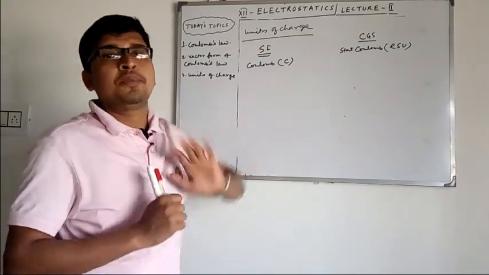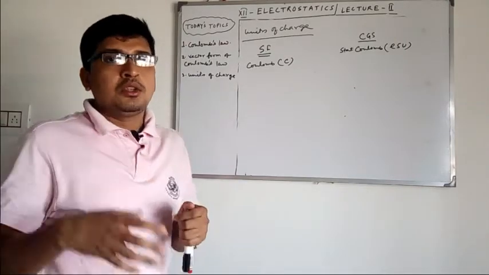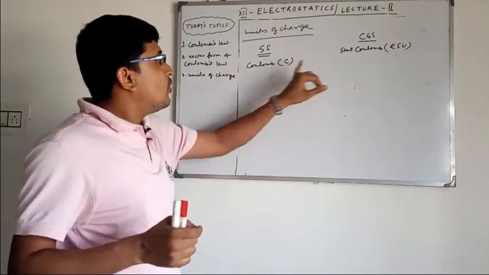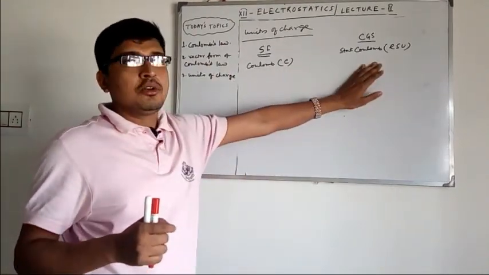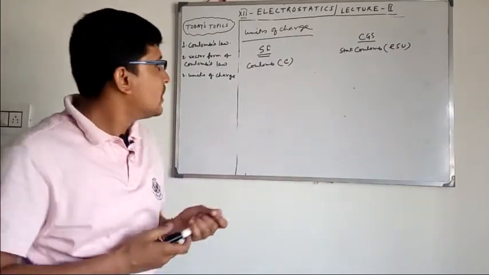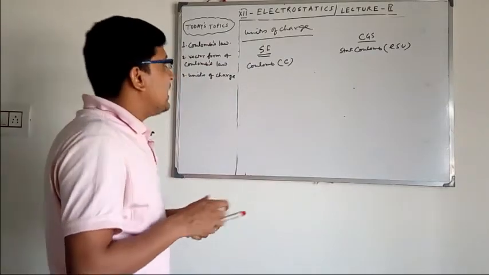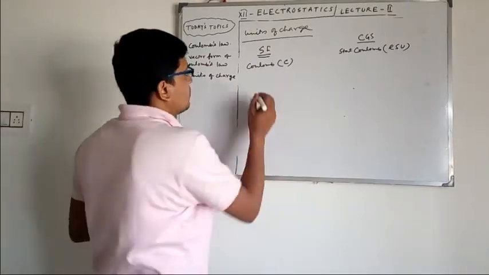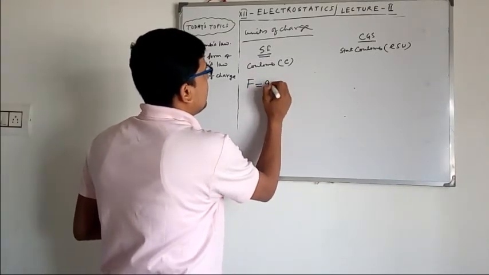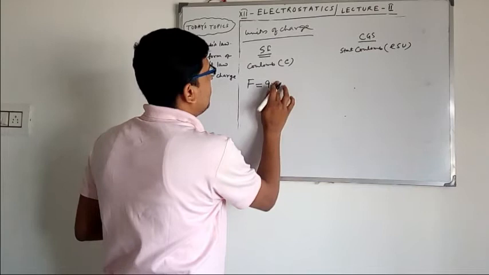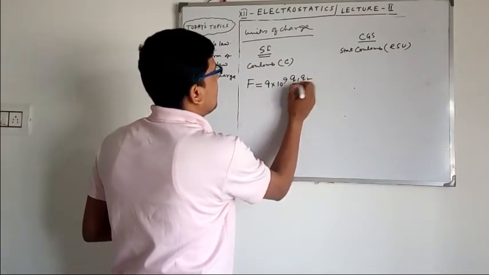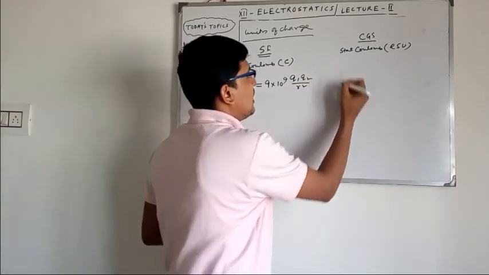These are the two units of charge in the SI and CGS unit systems. Here we shall define coulomb, what is 1 coulomb and what is 1 stat coulomb, with the help of Coulomb's law. So once again I am writing the expression of Coulomb's law in the SI system: F is equal to 9 into 10 to the power 9 Q1 Q2 upon R square.